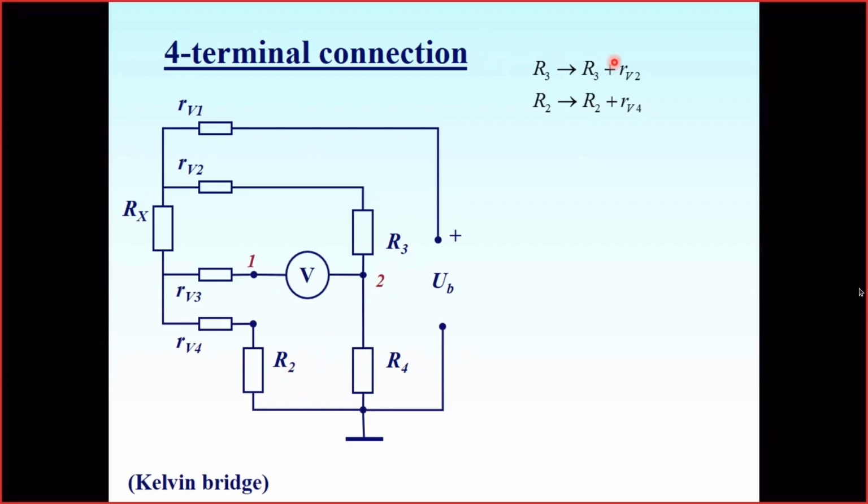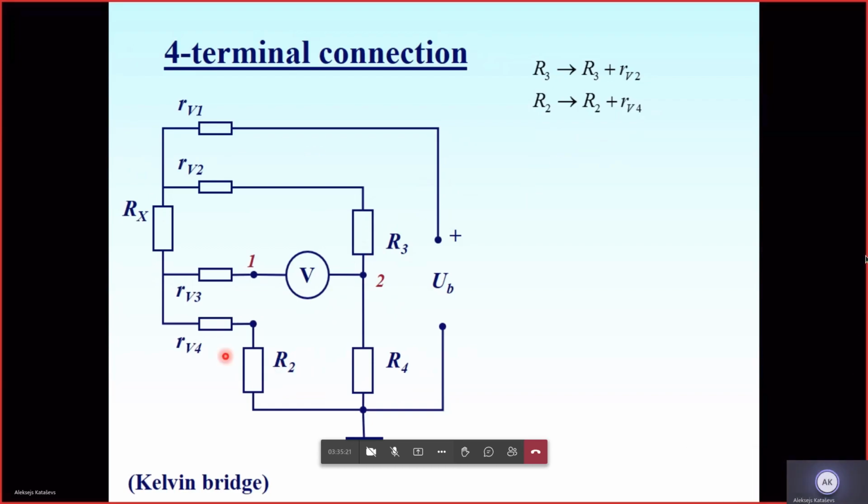This one doesn't play any role because in balance the current through this branch will be zero. The bridge diagonal itself carries zero current, so this resistance doesn't play any role in the balanced state. What actually changes is that resistor R3 should be replaced by R3 plus the wire resistance RV2, and resistor R2 should be replaced by the resistance of R2 plus the resistance of wire 4.